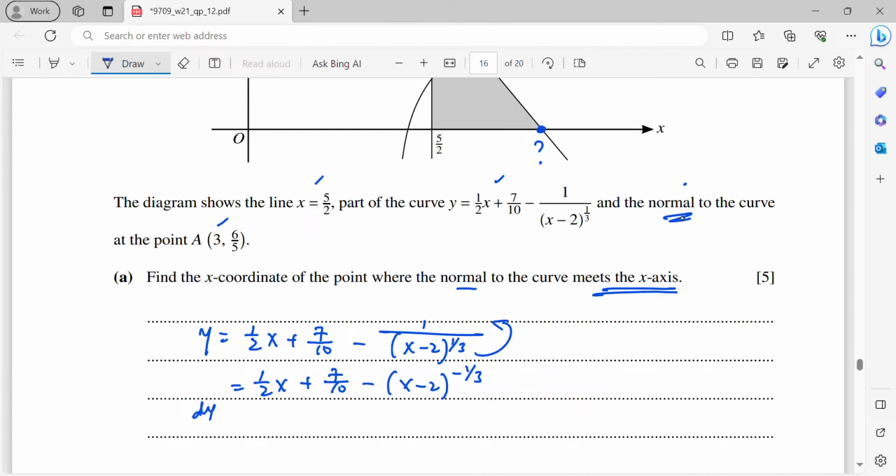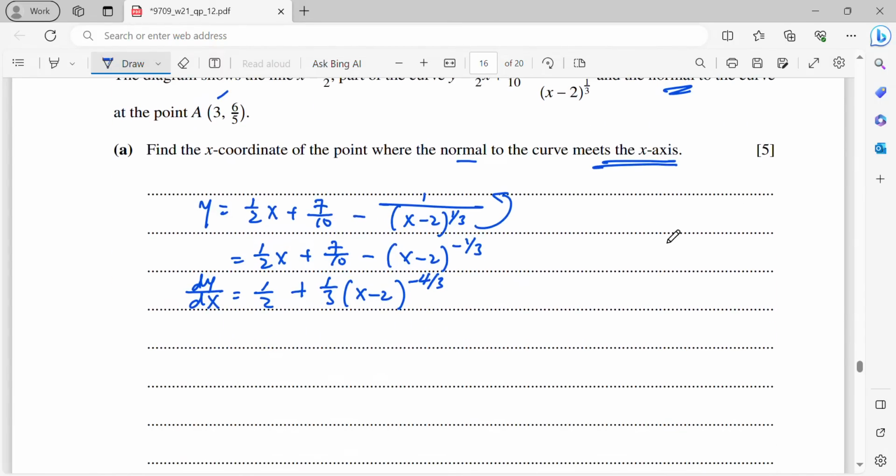Now, my dy/dx: differentiate half x to get half, second term to get 0. Now, the negative 1 over 3 moves down and combines with the minus to become plus 1 over 3, and the power negative 1 over 3 minus 1 becomes negative 4 over 3. And when you differentiate x minus 2 you get 1, no need to write because it's multiplied by 1.